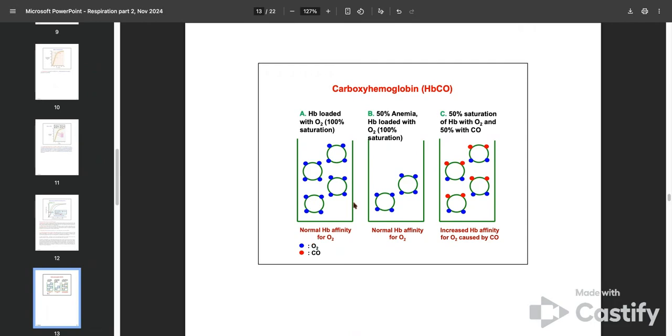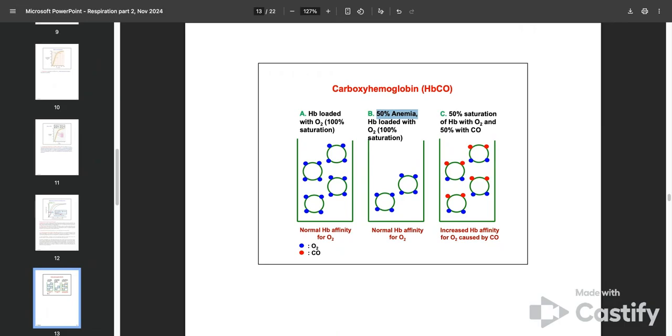Now, when you have 50% anemia, what does that mean? That means we have less hemoglobin. When we have less hemoglobin, would that affect the saturation? No, that would not affect the saturation. Remember, saturation is like affinity. Oxygen's affinity to hemoglobin will not be changed, okay?